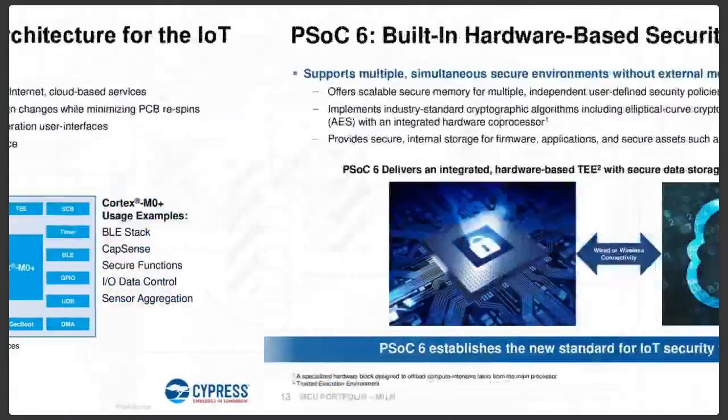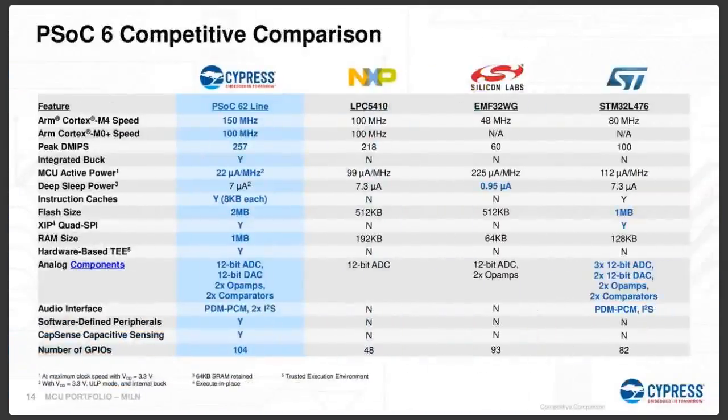Yeah. In deep sleep, we're probably not as low as some of the others. Certainly, Silicon Labs is really low. And you can see against NXP and ST, they're similar to us. But Silicon Labs is really low.